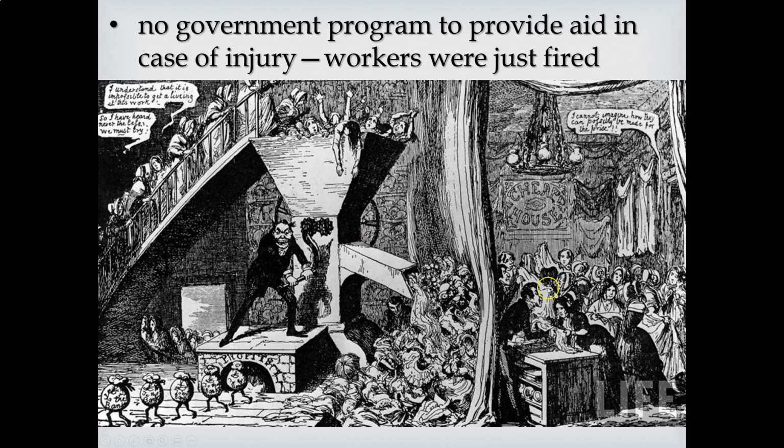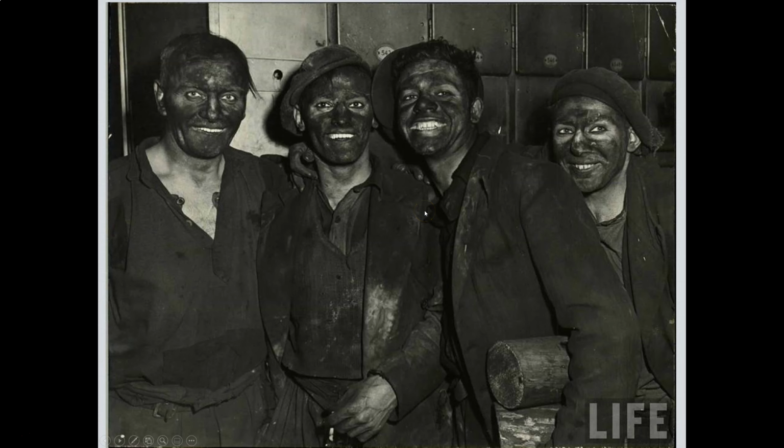And then over here we have people in the shop looking at all these products made by the workers, and they say things like, "I cannot imagine how they can positively be made for the price." In other words, I can't believe how low these prices are. They're thinking about the low prices. They're not thinking about the effects on the workers.